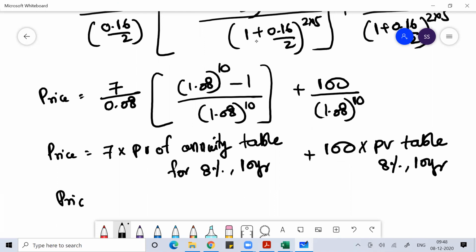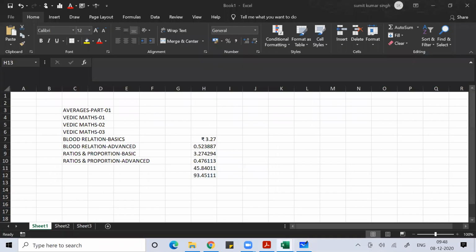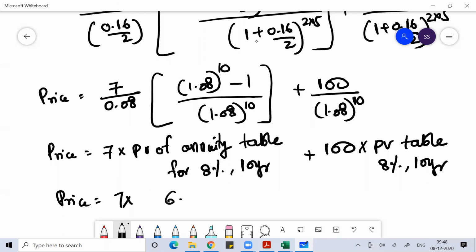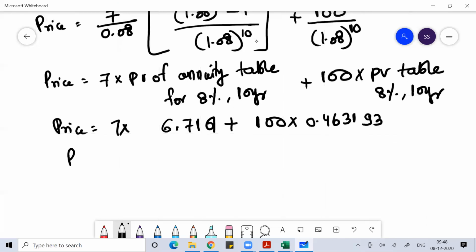So this price would be equal to 7 into 6.7101, plus 100 into, so you can check the present value table for 8 percentage, 1.08 to the power 10, 0.463193.